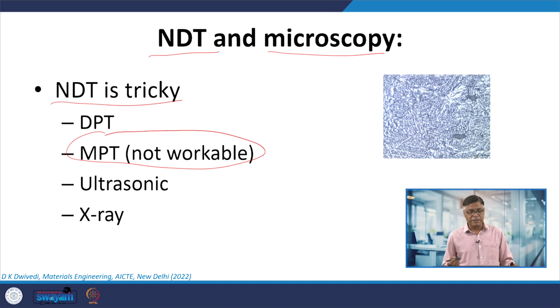So, it makes it difficult to check the fine cracks and fine porosity using the DPT, and that may require the X-rays or the ultrasonic or other NDT techniques. Like say in this case, very fine gaseous defects are present. So, it is important to see which kind of NDT will be applied, so that it is really able to reveal the kind of defects which are there in the castings.